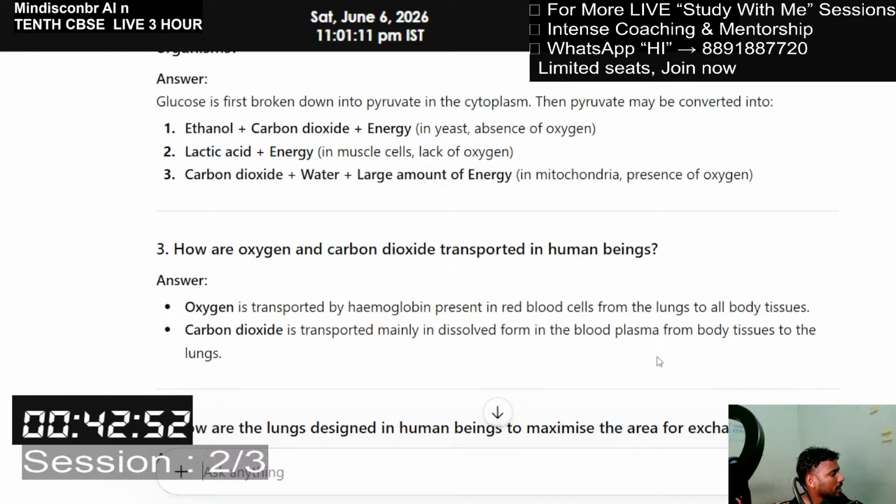So carbon dioxide is transported in dissolved form in the blood plasma from the tissues to the alveoli.